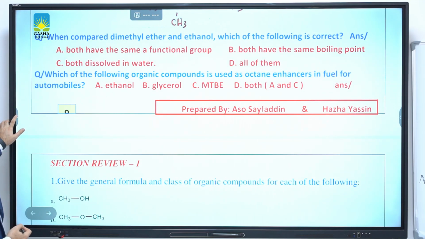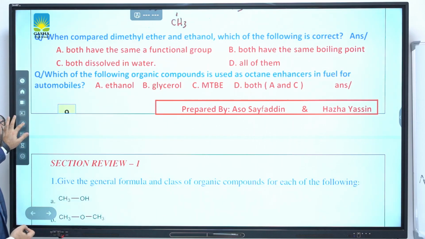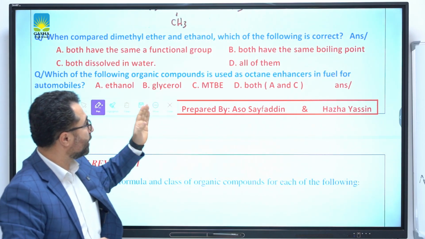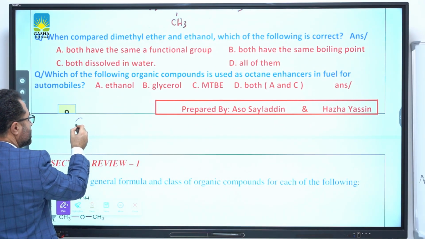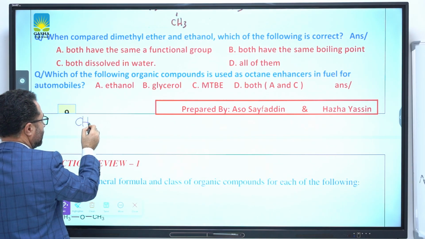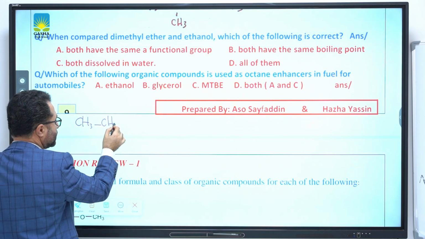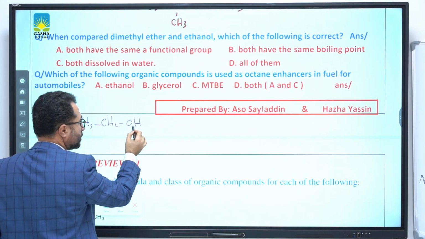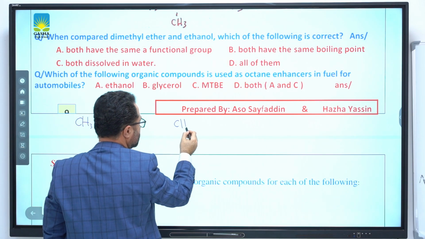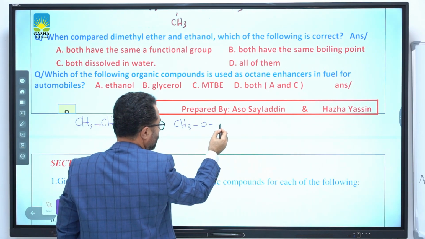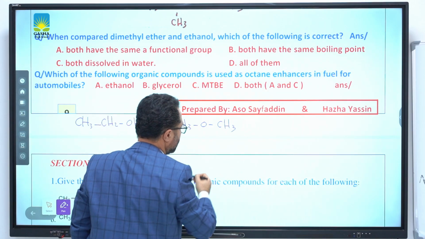When comparing dimethyl ether and ethanol, which of the following is correct? Ethanol is CH3CH2OH, but dimethyl ether is CH3OCH3.